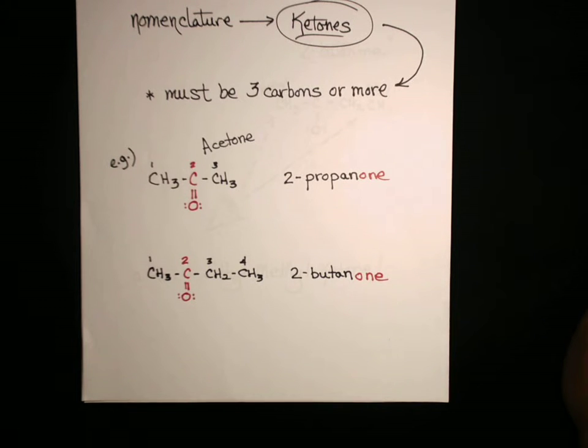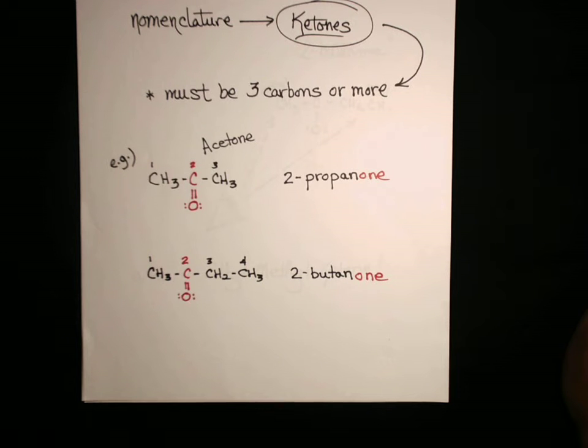Now, we said that the distinguishing characteristic of a ketone is a carbonyl carbon with an alkyl group on either side of it. Now, because of that, because you have those two alkyl groups on either side of the carbonyl, ketones by definition must be 3 carbons or more.